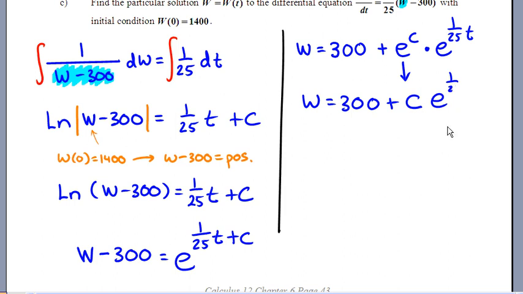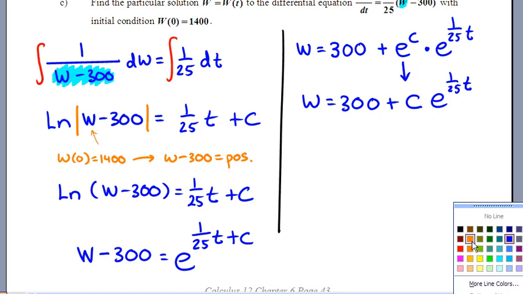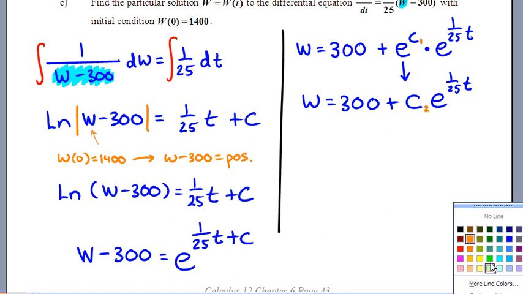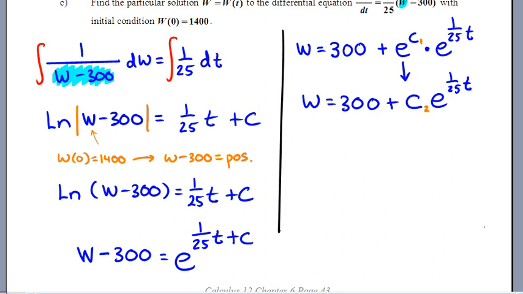Obviously, those are not the same c, and if that bothers you, you can put little subscripts in there and say that was constant 1, this is constant 2. That's an option. Other people would just say, without loss of generality, we're okay. But if you are going to put the subscripts in, they kind of should stay now. I'm now going to find out what that constant is just by using the initial condition, because they told me that at time 0, there's supposed to be 1,400 tons of this waste at the landfill.